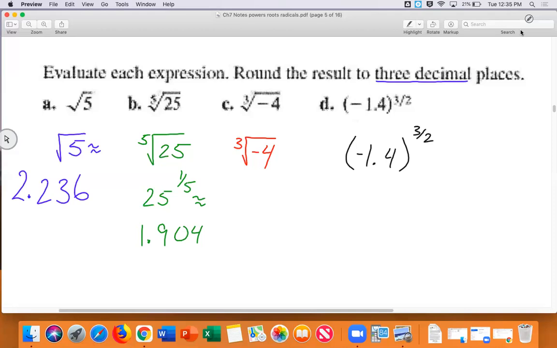Okay. Now, how do I do the cube root of -4? Well, hopefully, yes. Unreal, Jake. Oh, all right, Julia. With the -4, this is really important.